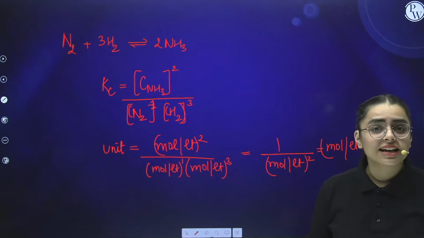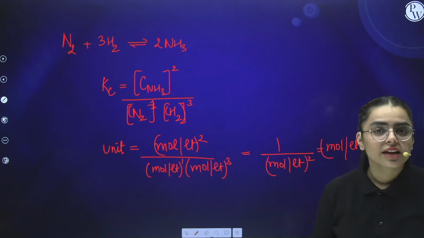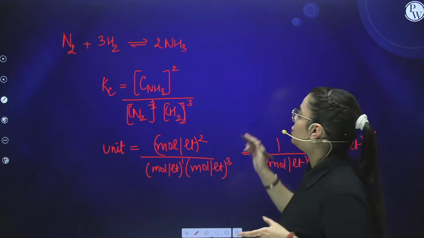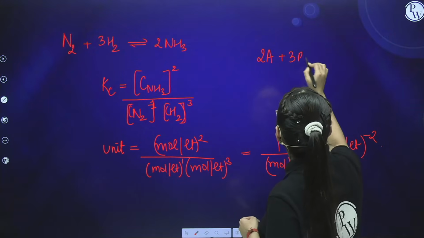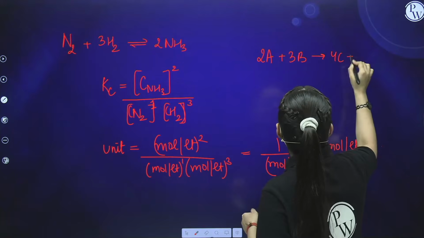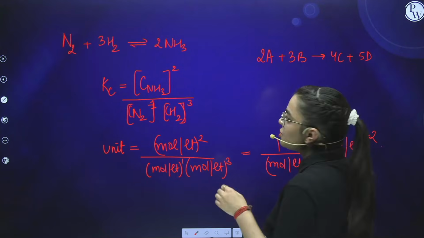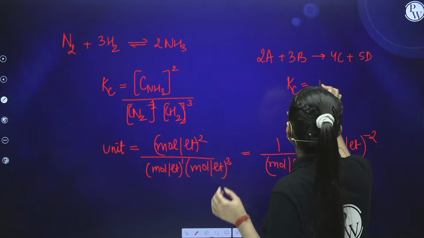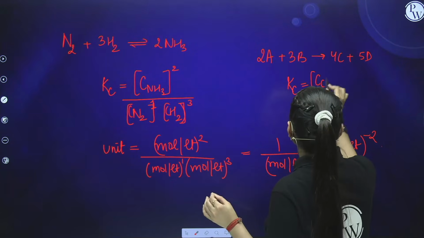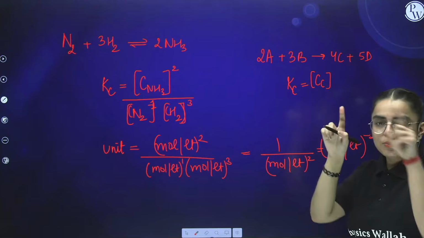Again, I am explaining to you, whenever you get a situation like this, 2A plus 3B gives 4C plus 5D, and I want you to write the expression, how you will write it is very simple. For Kc, you are writing concentration. That means concentration of C. Do not forget to put square brackets.